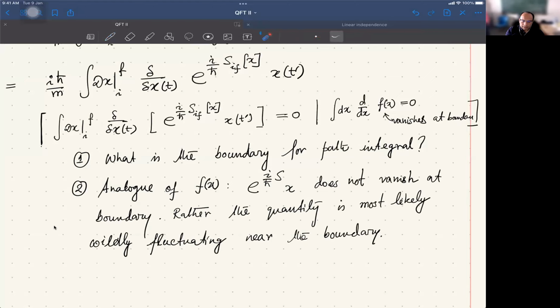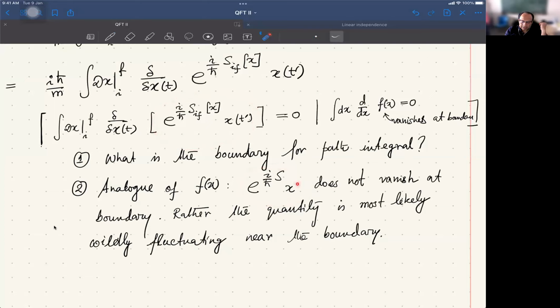What I mean is that having answered what the boundary is like, now let's look at this integrand, the integrand being the derivative of f of x, where f of x is this e to the power i by h bar S of x.